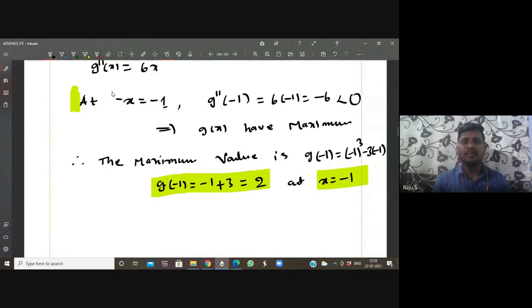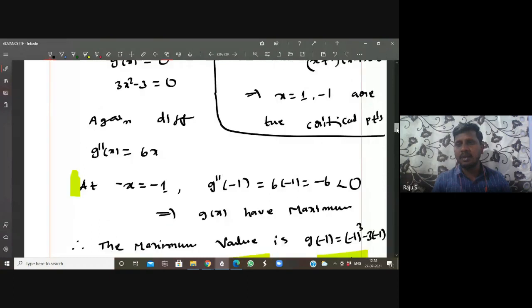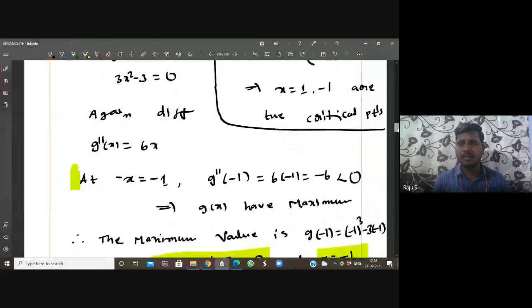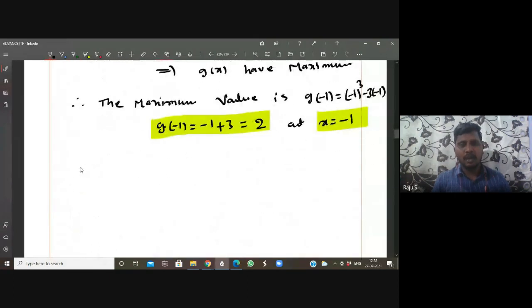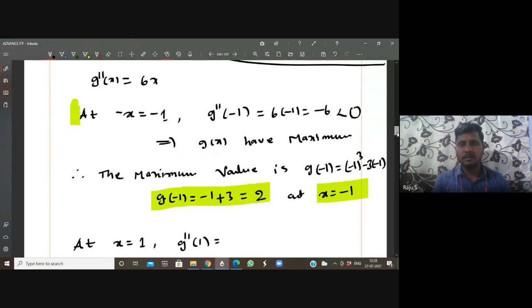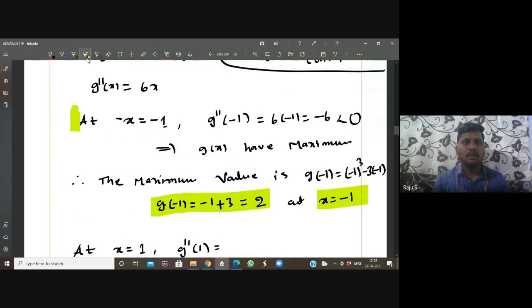In the same way, there is one more critical point, that is x is equal to plus 1. So at x is equal to plus 1, what is g double dash of 1? This is g double dash of x, so 6 into 1, that is 6.